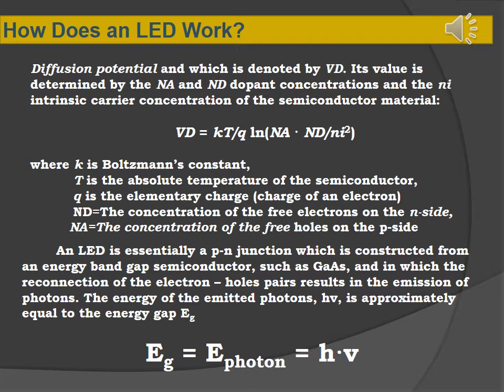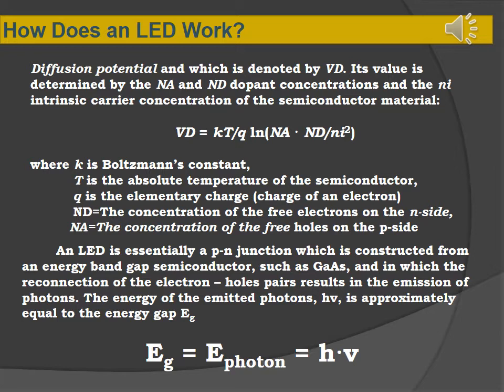In this process, diffusion potential, which is denoted by Vd, its value is determined by the Na and Nd dopant concentrations, and Ni is equal to the intrinsic carrier concentration of the semiconductor material.